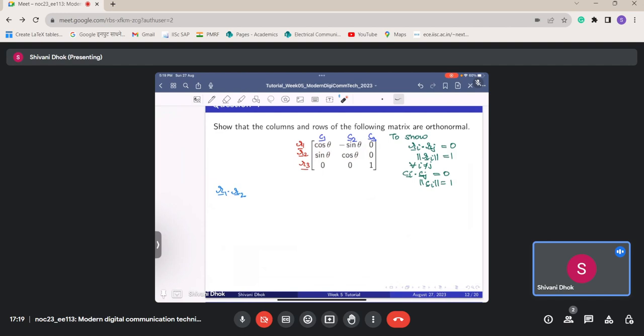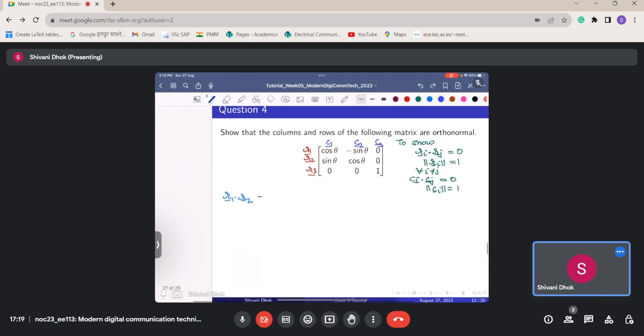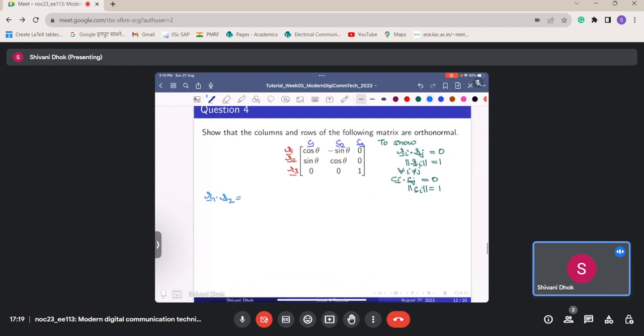So R1 dot R2 is equal to cos theta into sin theta, plus minus sin theta into cos theta, plus 0 into 0, which is 0.